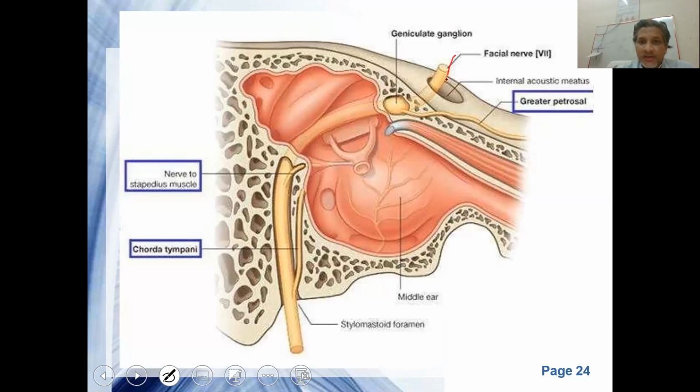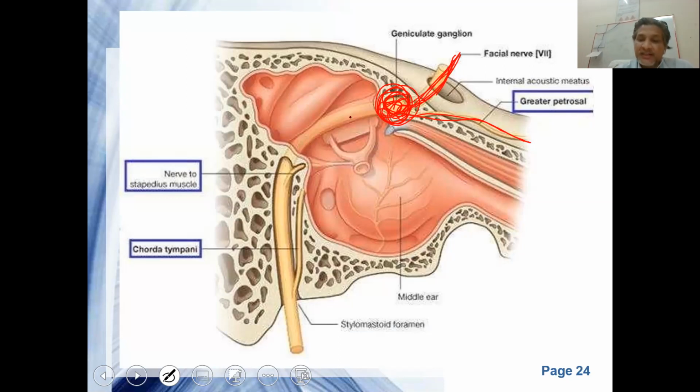So the facial nerve appears in the middle ear, and this is the GSPN, or greater superficial petrosal nerve. In the internal acoustic meatus, it enters along with the eighth nerve. This is the geniculate ganglion. The geniculate ganglion is a dilation. Genu is bent like a knee, and the geniculate ganglion is a dilation on the path of the facial nerve.